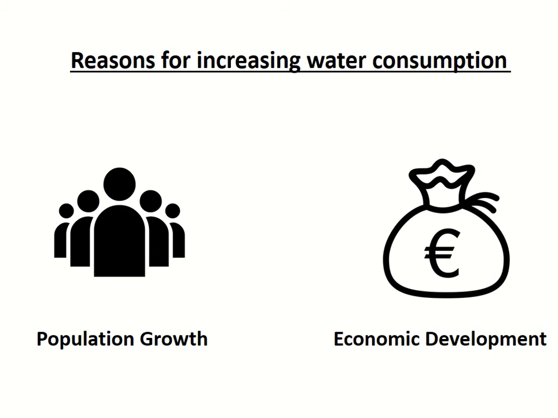And there are 2 main reasons for that. The first reason is population growth, and the second reason is economic development. The first reason is all to do with the fact that our population is growing at a huge rate, and our economic development, again, will link in with some countries being LICs, NEEs, and HICs.